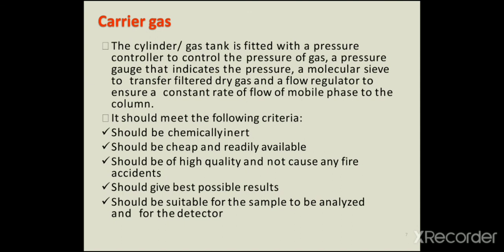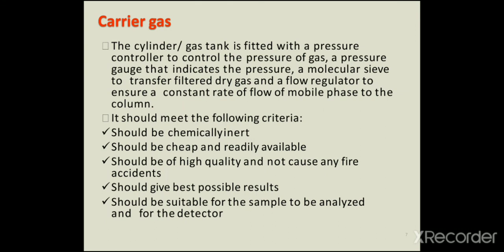First is the carrier gas. The cylinder or gas tank is fitted with a pressure controller to control the pressure of the gas, a pressure gauge that indicates the pressure, a molecular sieve to transfer filtered dry gas, and a flow regulator to ensure a constant rate of flow of the mobile phase to the column.